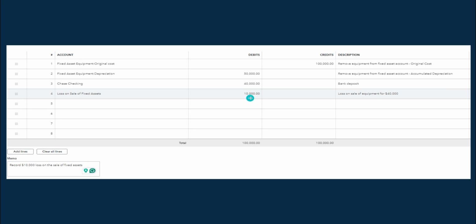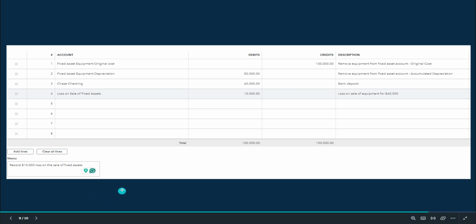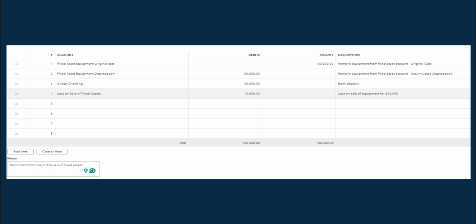That means you lost $10,000 on this sale. And same thing, if you have a balance left on your loan, then you have to write a separate check to your loan company. When you do it, it's money coming out, so that's a credit to your bank account, and the other side is the debit, clearing your balance on your loan account.